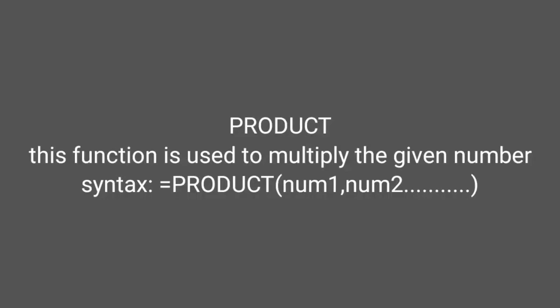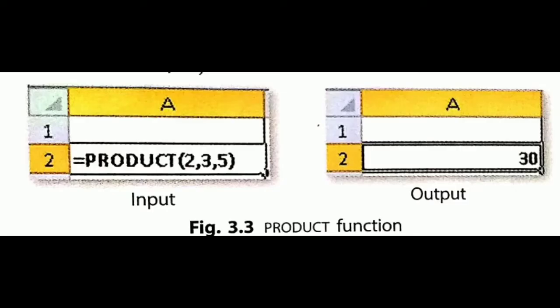The second type of function is product. This function is used to multiply the given numbers, and the syntax is product of num1, num2. The only difference between the syntax for product and sum is that the function name is different. Look at the example for a product function: equal to product of 2, 3, 5.